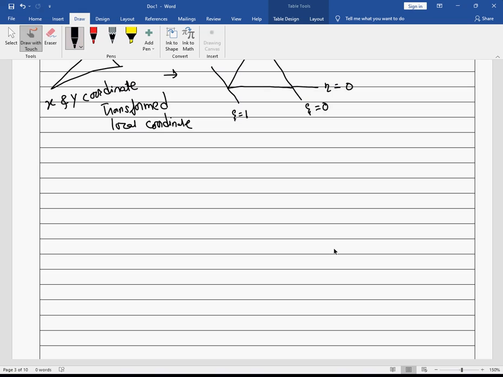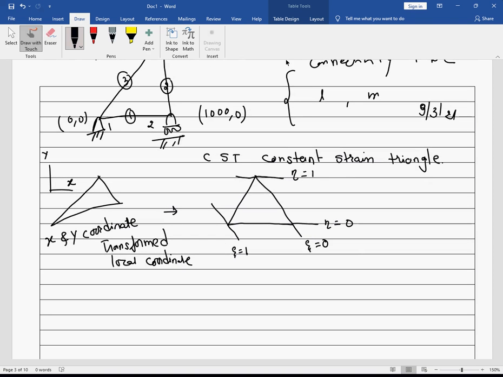So let's try to find out the shape function, and then we are going to use isoparametric formulation for the CST method. One thing you have to remember, it is a constant strain, and why that will be constant strain we will see later on. But strain is constant, that also means the stress is also constant. So therefore stress and strain belong to the element, and we should observe the elemental stresses and elemental strain.